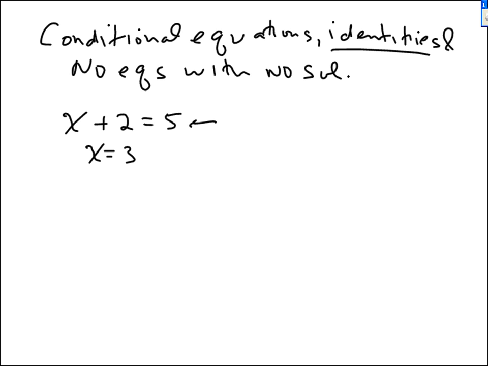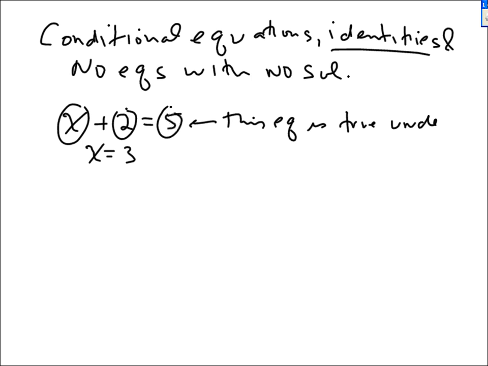But if x is 3, 3 plus 2 is 5. This equation is true under a condition, the condition that x is 3. It's called conditional.